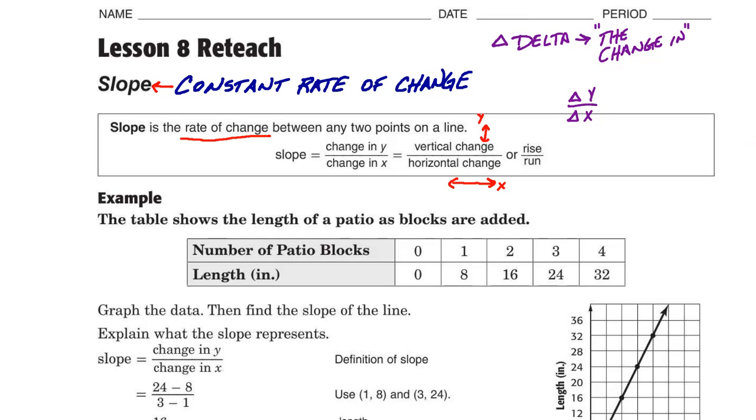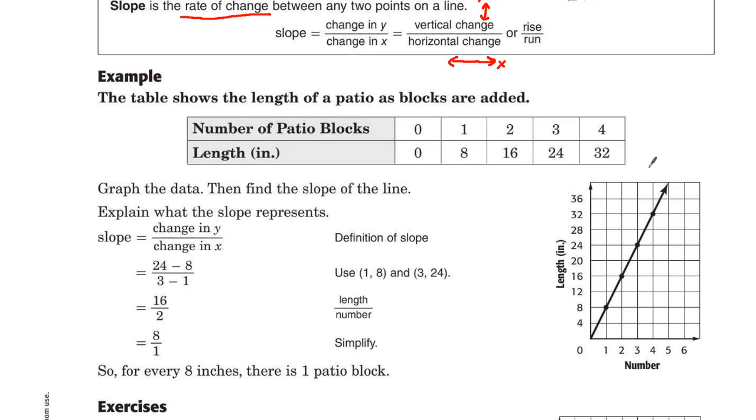So let's go ahead and take a look at this example of slope. The table shows the length of a patio as blocks are added. No blocks, no length. That makes perfect sense. 1 block, 8 inches, 2 blocks, 16 inches, 3 blocks, 24 inches, and 4 blocks, 32 inches.